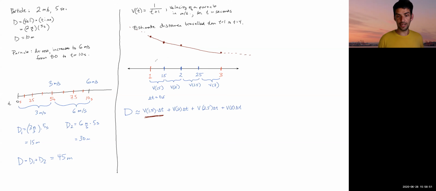When we multiplied the width of this interval times the height of the function here, this approximating distance is exactly the same as the approximating rectangle in this graph. The next approximate distance would be this rectangle.